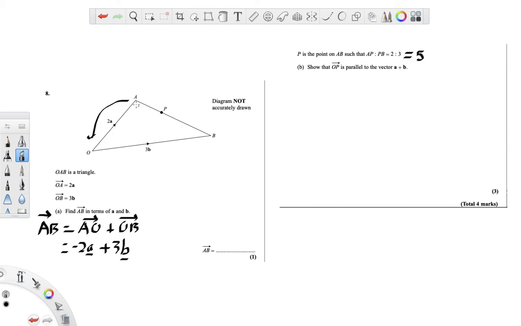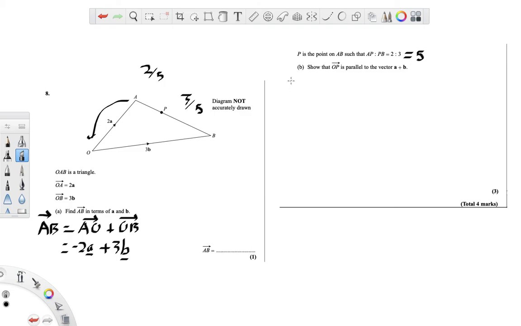If we know that the whole of AB is represented by 5 parts, well, we know that 2/5 of that will be AP, and then 3/5 of that will be PB.